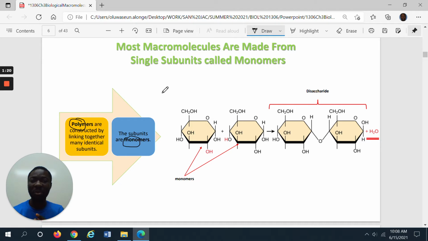Now, so when we say monomer, we are talking about the smallest unit the substance or the biological molecule can appear. So for carbohydrates, we have the smallest unit that it can appear. Just like you say that the cell is the functional unit of life. Even though you have a single cell, it also has the same characteristics that Mr. A has, right?